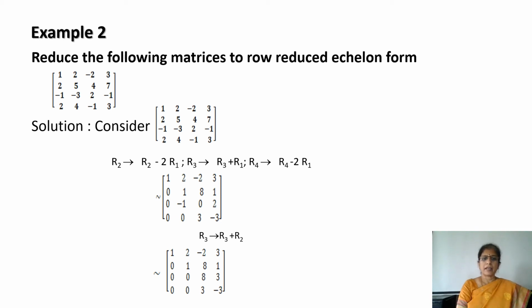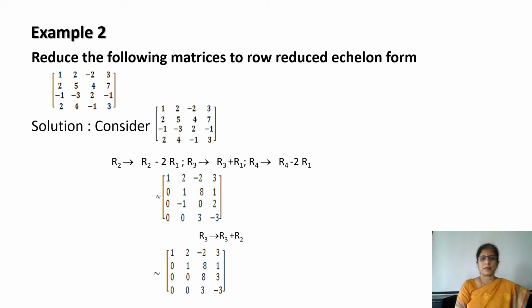Now we can have a look at the second row. After 0 we have 1. Therefore no need of changing that element. So let us apply the operation to the third row, that is R3 changes to R3 plus R2, because now our purpose is to make the element below the second row 1 as 0.